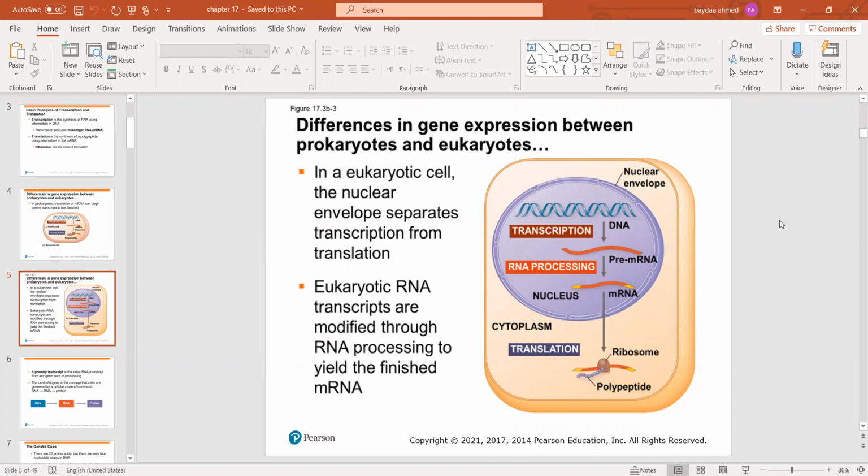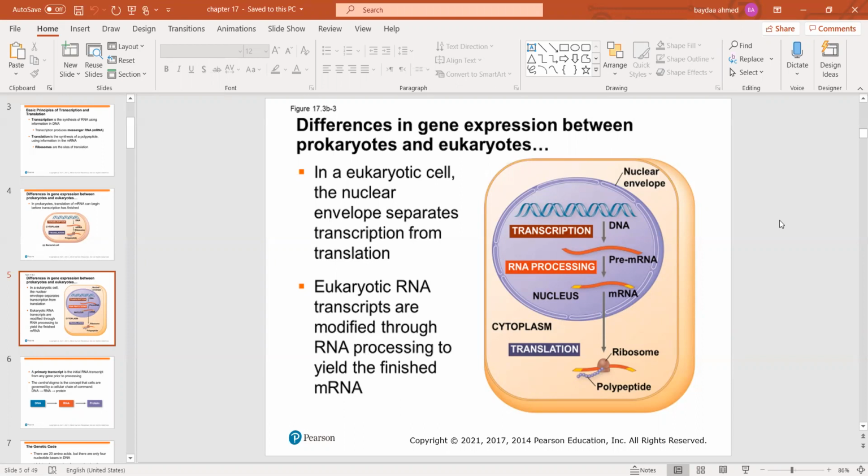In eukaryotes, before RNA transcripts from protein coding genes can leave the nucleus, they are modified in various ways to produce the final functional mRNA. The transcription of a protein coding eukaryotic gene results in pre-mRNA, and further RNA processing yields the finished mRNA. So in a eukaryotic cell, the nucleus provides a separate compartment for transcription.